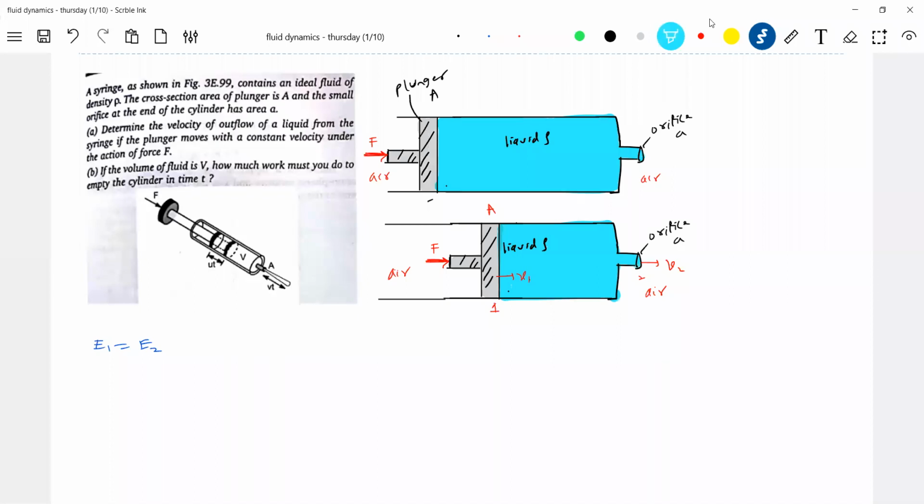Let's get into writing the equation. Bernoulli's theorem. What is the pressure at this point?